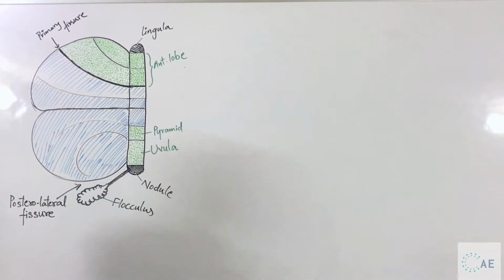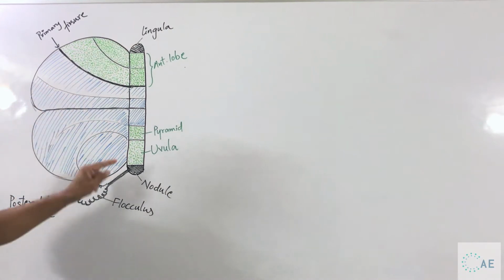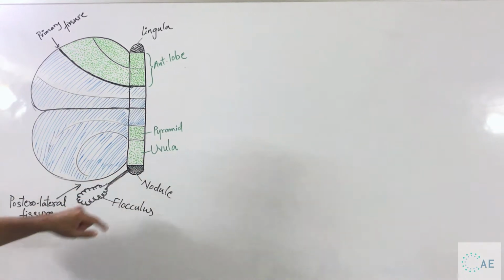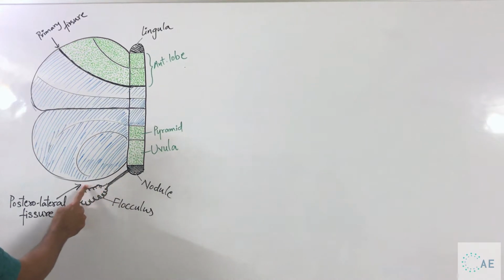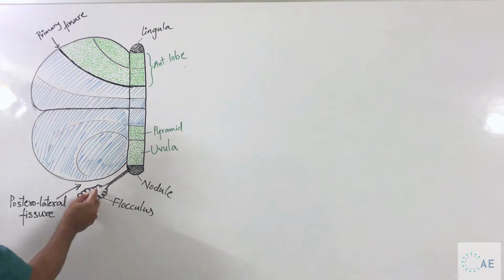cerebellum into lobes. Now look at the topmost part of the superior vermis, that is the lingula, and the lowermost part of the vermal segment is called the nodule, and this nodule is connected to the flocculus. Flocculus means tuft of wool, like a small tuft of wool.